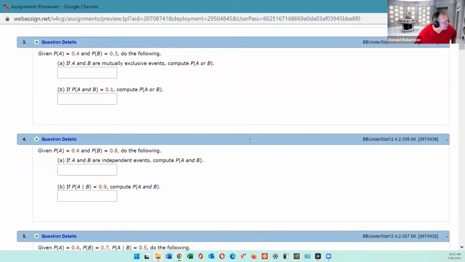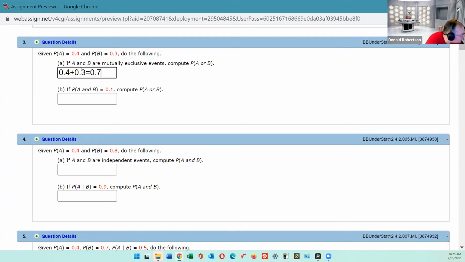Now, here's a question. The probability of A is 0.4 and the probability of B is 0.3. If A and B are mutually exclusive, what would be the probability of A or B? Well, if you are mutually exclusive, isn't the probability of A or B just the two things added?